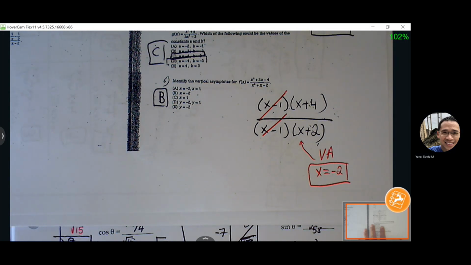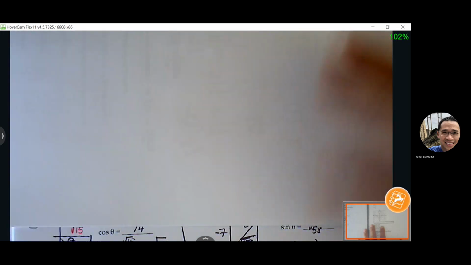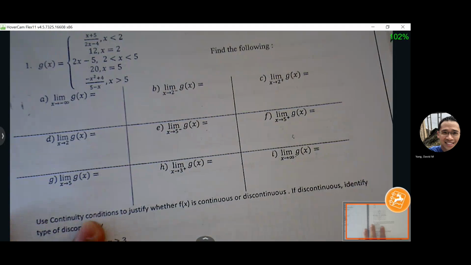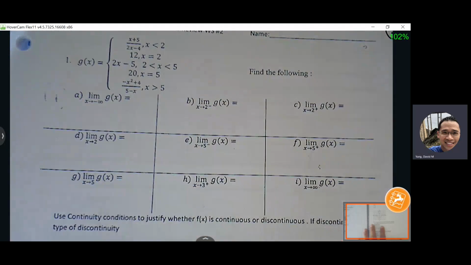So we need to see if we can keep everything clear in the steps that we did. All right, so page 5. Okay, starting with number 1, limit as x approaches negative infinity.